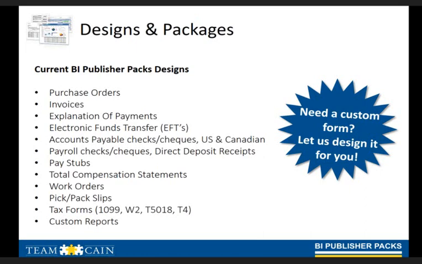Explanation of payments, EFT, deposit notifications, AP checks, US and Canadian, payroll checks, US and Canadian, direct deposit receipts, pay stubs, total compensation statements, work orders, pick slips, pack slips, tax forms for Canada and the US, as well as custom reports. We do a fair amount of that with customers as well.